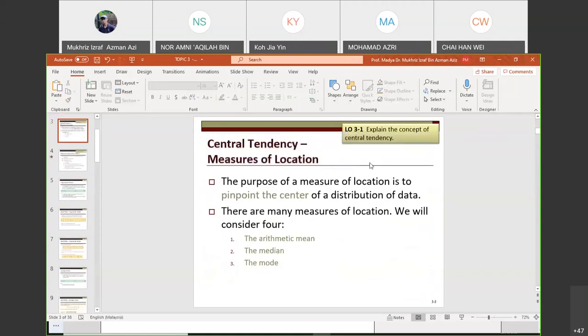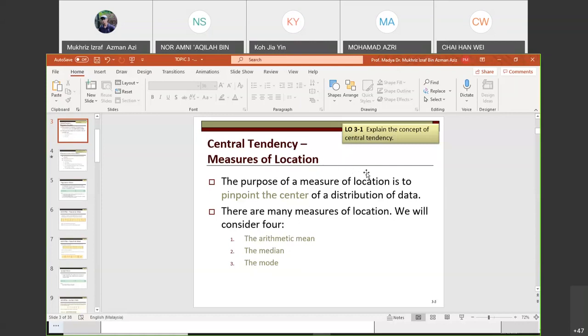If you want to do research based on numbers, with data collected from your survey or from websites, before any further analysis you want a quick idea of what is my mean, the average value, what is the number that has the highest frequency, the mode, or what is the number in the middle, which is the median.